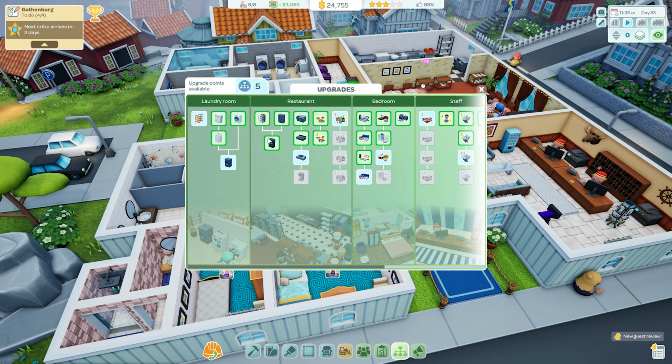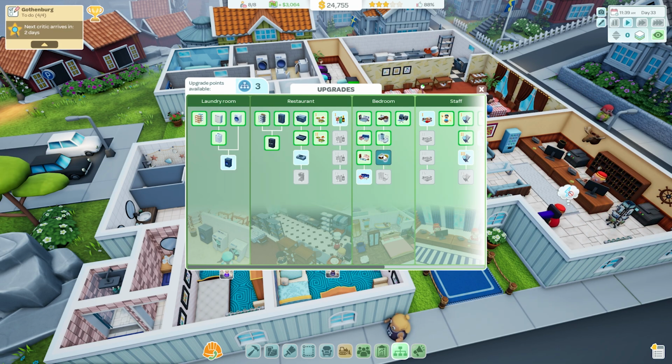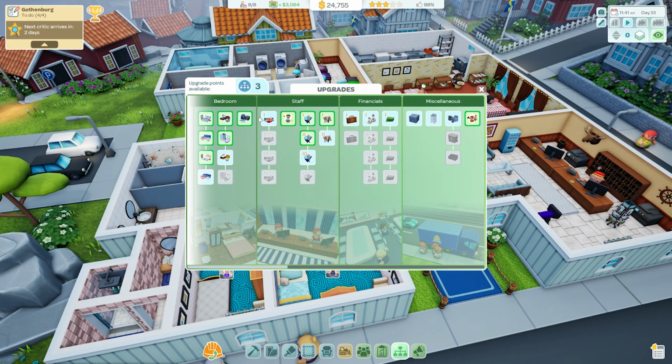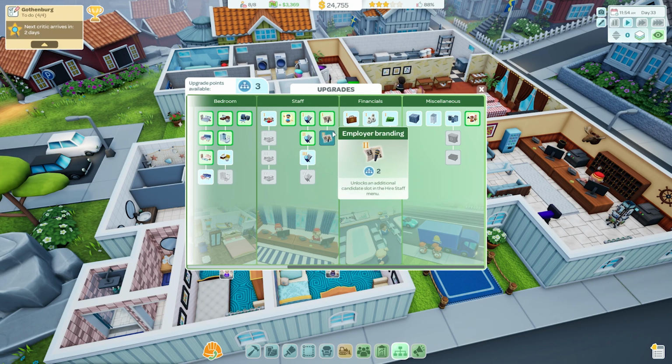Now, we do have some perk points, so let's go ahead and see what we can do here. Let's do larger shelves. That'll be a huge help. Okay, so we'd have people with at least... once we hit 4 stars, experience level of staff, so we're not there yet. Employer branding unlocks an additional candidate slot in the hire staff menu.